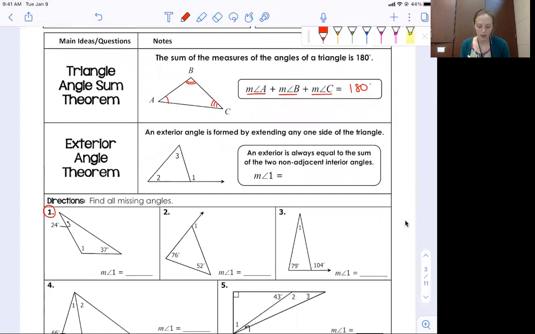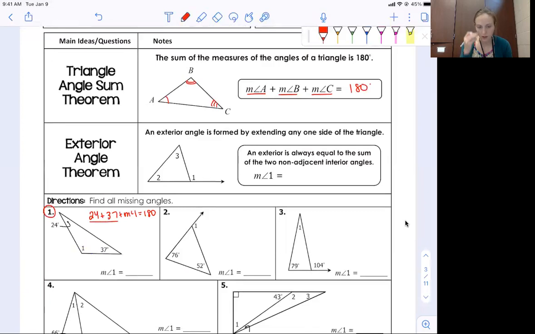I have that one of the angles is 24 degrees, another angle is 37 degrees, and then of course the angle I need to find is angle 1. Well, I know when I add up all the angles, it equals 180. So I can do 24 plus 37 plus the measure of angle 1 equals 180. Add these together.